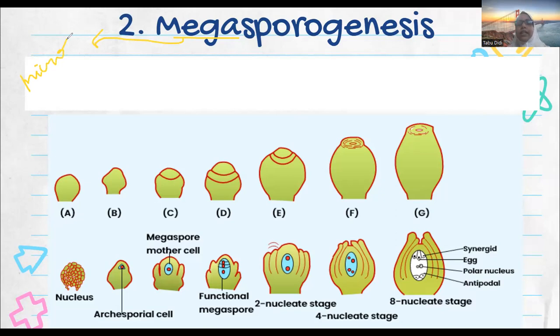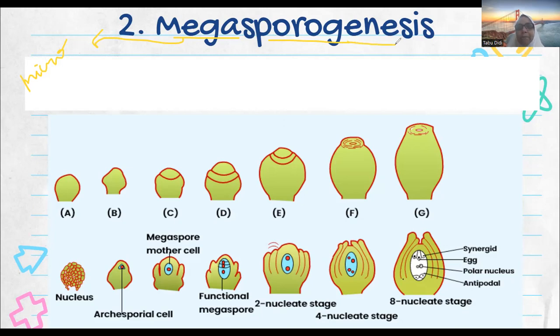So the formation of the pollen grains is microsporogenesis, and the formation of the eggs, the whole embryo sac, will be termed megasporogenesis. Mega means bigger in size, and sporogenesis means how the cells will be made, formed.